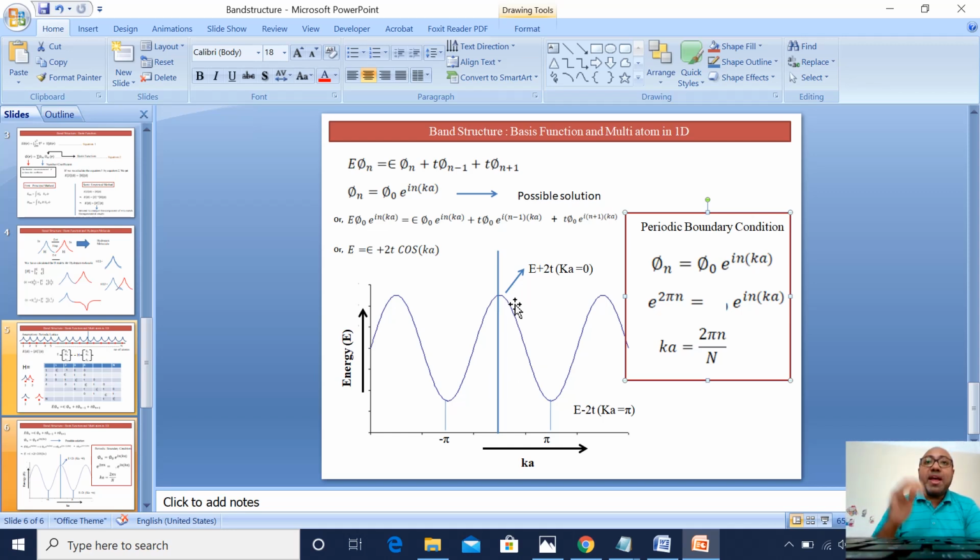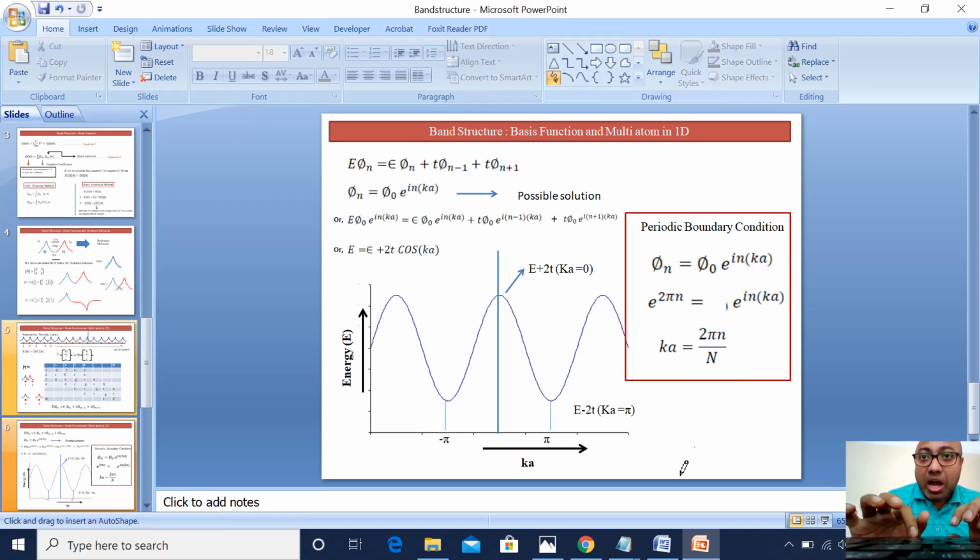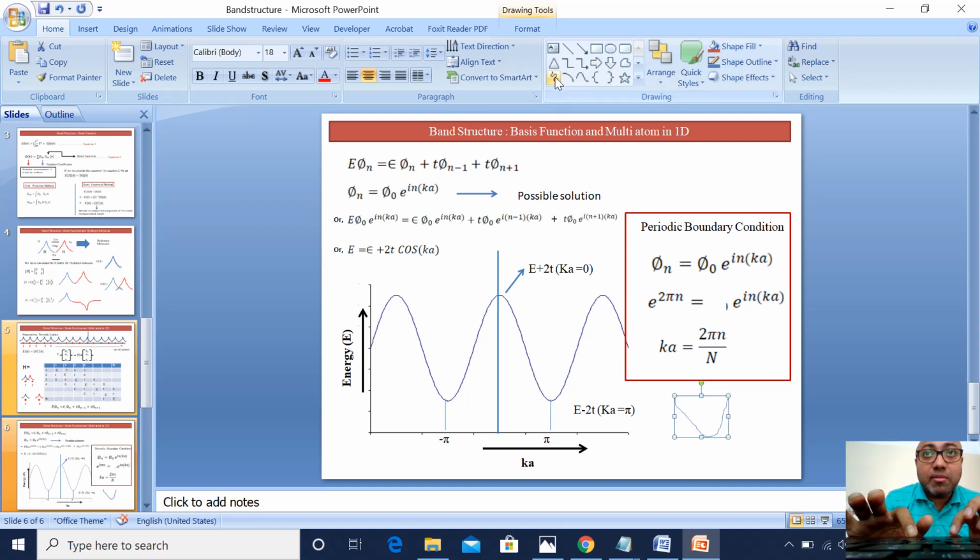Okay. Now here I'm giving you one homework. If you go back and check the E-k diagram properly, we were actually considering the E-k diagram of this lower part, not the upper part. Why has it appeared over here? If you go back and check our earlier E-k diagram, it looks like this one only.